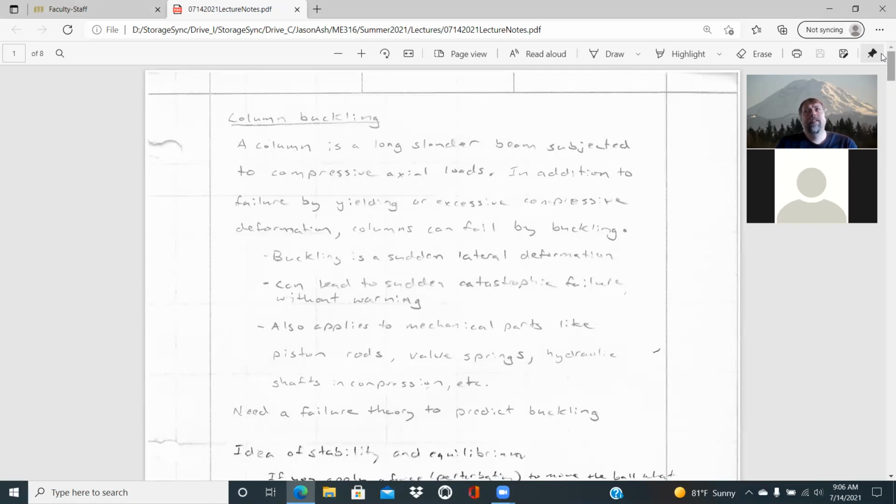So when we're evaluating mechanical designs, we need to look not only at the state of stress, but when we have axial compression members, also evaluate: is buckling a concern for this compression member? If so, do we need to make it bigger, with greater cross-sectional area, so that it can withstand those compressive loads without buckling?